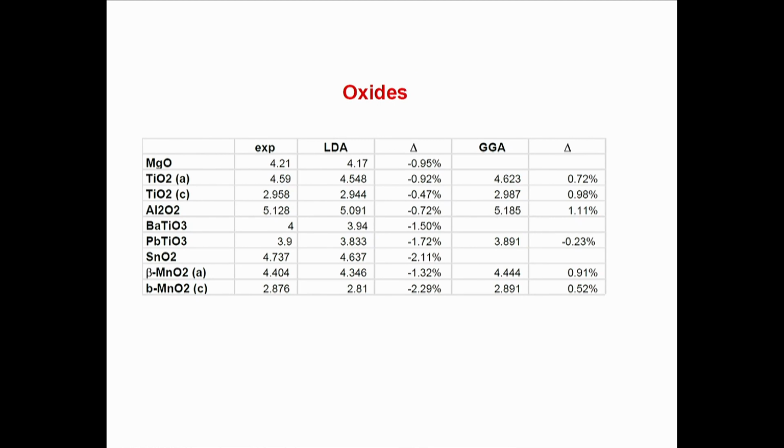And even for nastier objects like oxides, results are not so bad. Here it's actually a little bit trickier. So results of LDA or GGA may look reasonable, but if one looks more carefully, then one sees a number of problems.